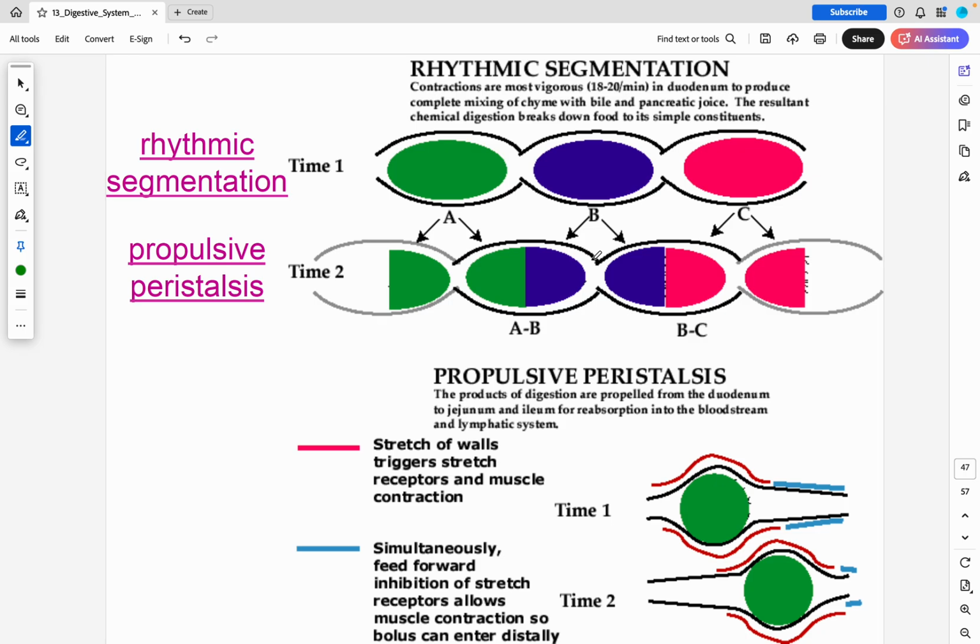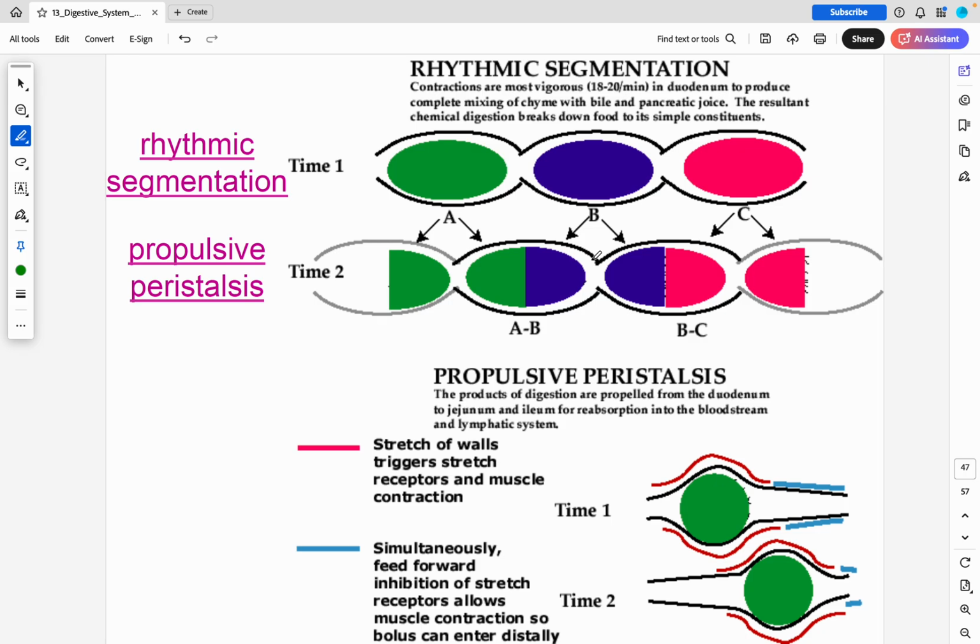There should be complete mixing of the chyme with pancreatic juice and bile, no? The resulting chemical digestion will break down food into its simple constituents. These contractions, about 18 to 20 repetitions per minute, are important for complete mixing.